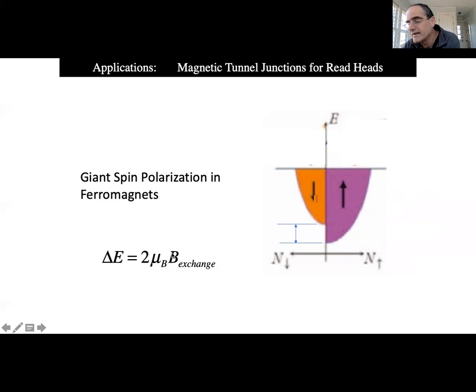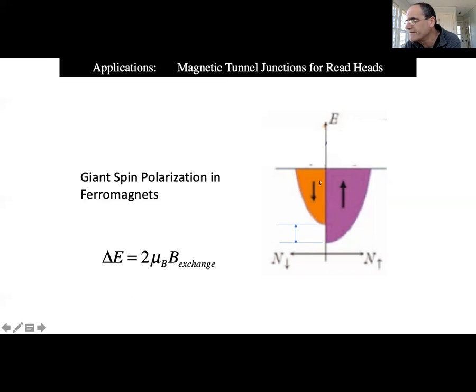In a ferromagnet, the spins don't feel the actual magnetic field, they feel the exchange field, which can be many thousands of times stronger. So in a ferromagnet, the energy spacing between the spin up and spin down bands can be very large, okay?